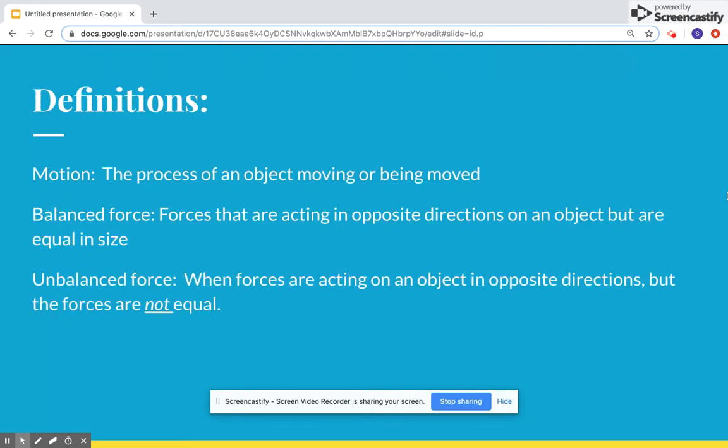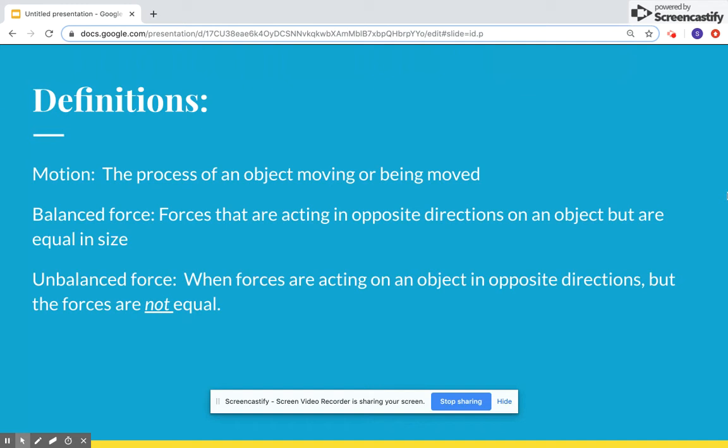So important definitions that we will want the students to understand prior to diving into the experiment are motion, balanced forces, and unbalanced forces. So motion is the process of an object moving or being moved. Balanced forces are forces that are acting in opposite directions on an object, but they are equal in size.